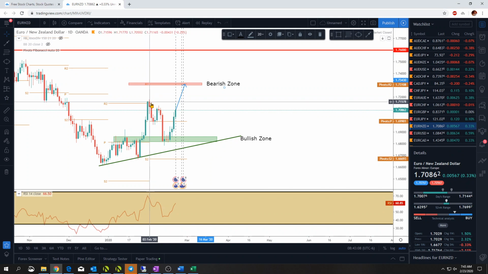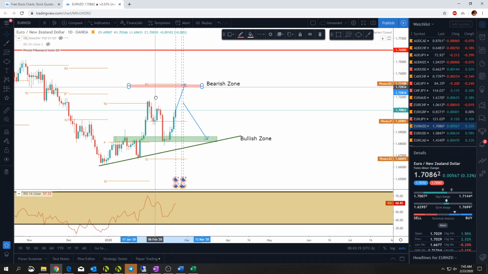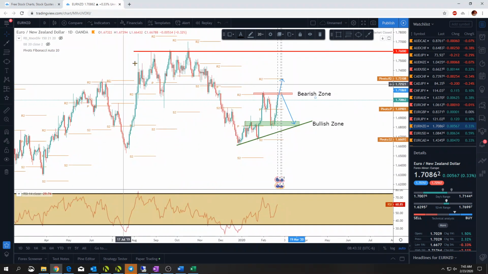But I want to see what happens in this area, because we may get a respect of that. So I'm going to leave this here. That's going to tell me if I get a breakthrough where I want to go, and if we start to bounce on this resistance, bam. And looks like we got plenty of room to come all the way up.